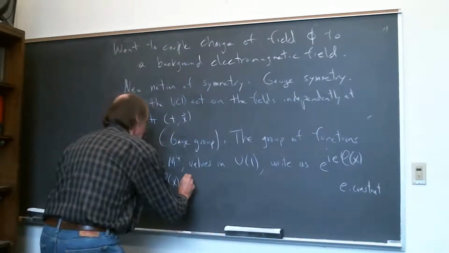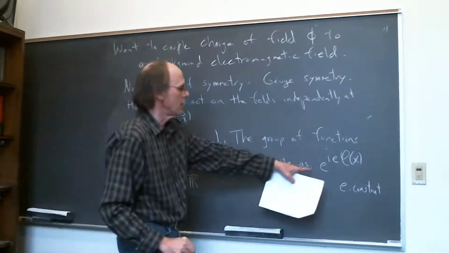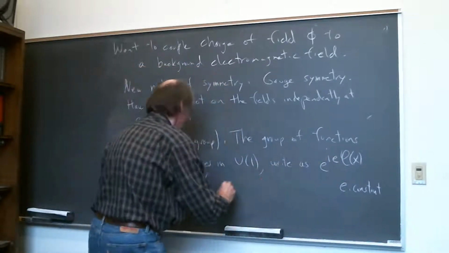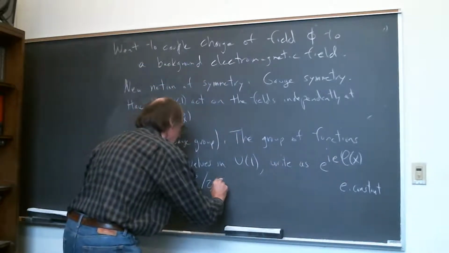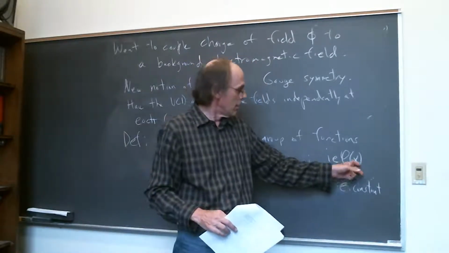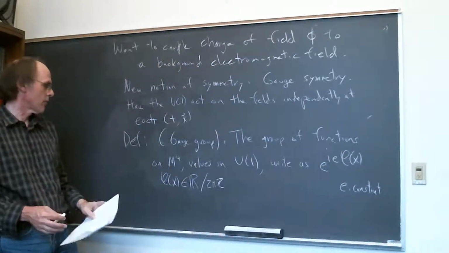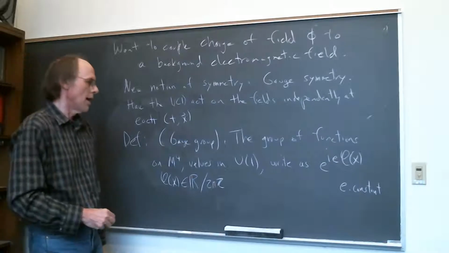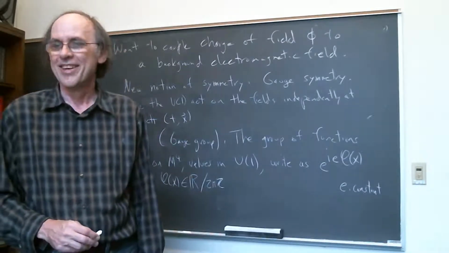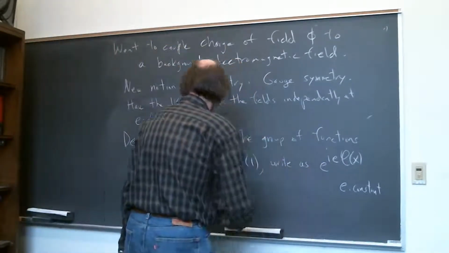So phi of x is a real number, but in some sense you're identifying it. It only depends upon 2 pi Z. If you change phi of x by some overall 2 pi's, you're going to get the same thing. And so I guess there's a reason it's called e. Yeah, it's electric charge. Yeah, okay. So that's what it's going to be.